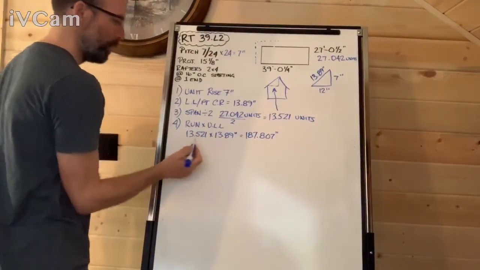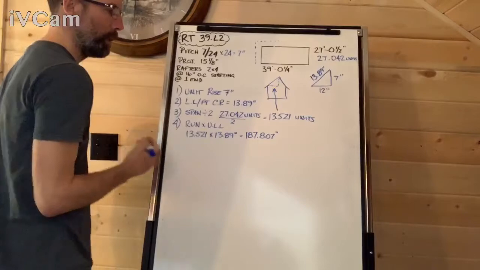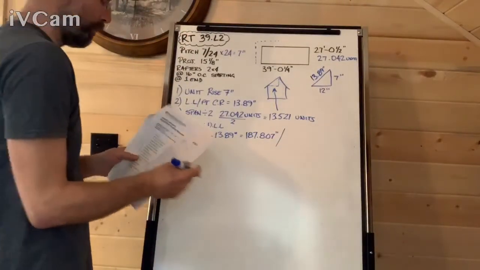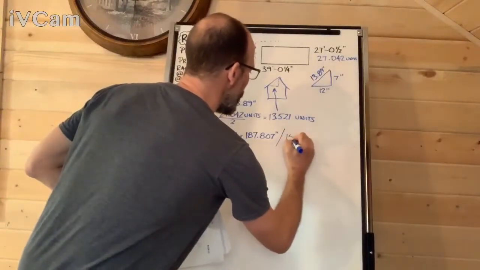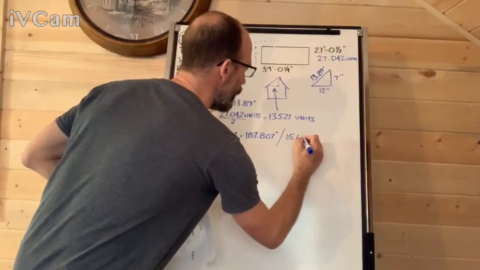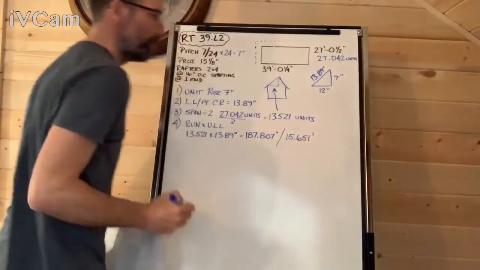Remember, we're taking our units times inches. We will end up with inches. I'm going to change that over to feet and decimal feet. By dividing by 12, I get 15.651 feet.